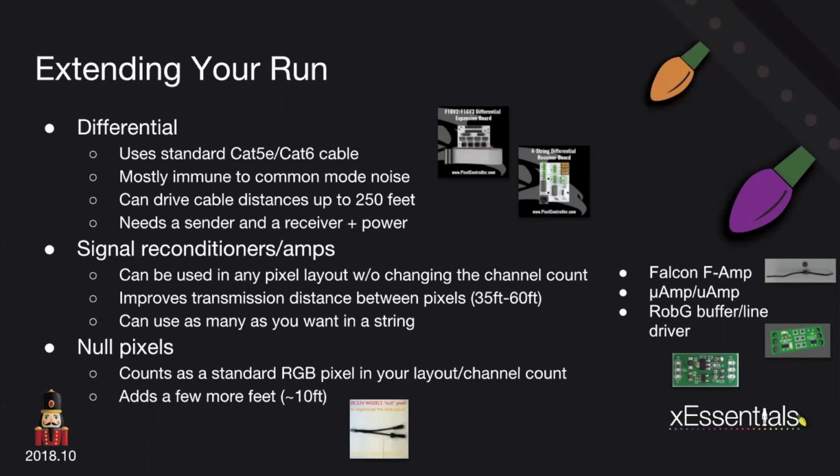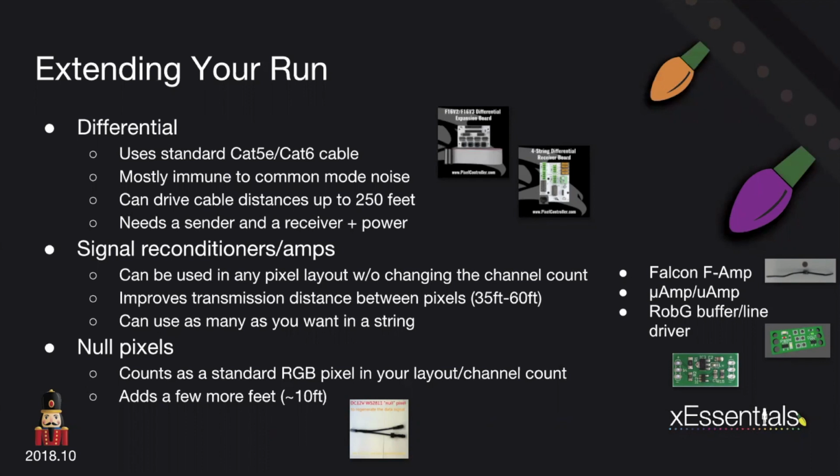I mean, differential certainly gives you a lot more capabilities than some of the other options do, but there are options out there, and I'm listing two of them here. Starting from the bottom, the way you used to have to do this is with null pixels. And null pixels basically act like a pixel in your display without an LED.